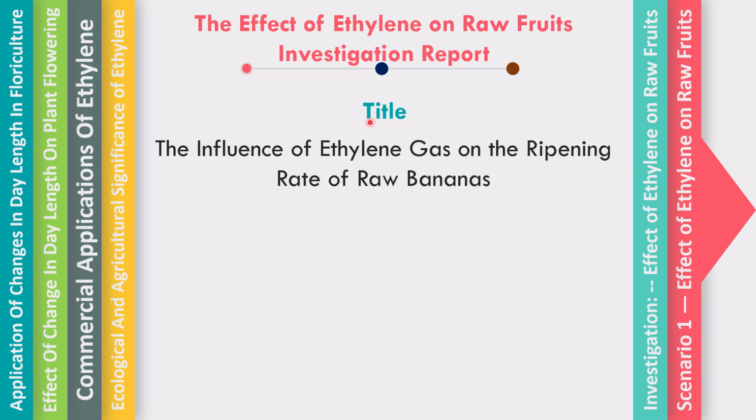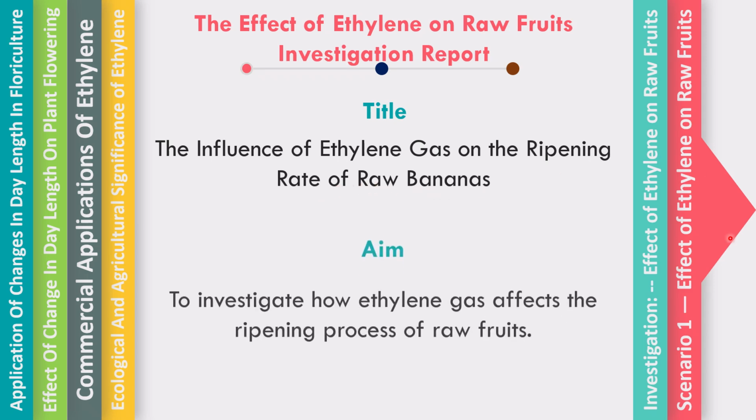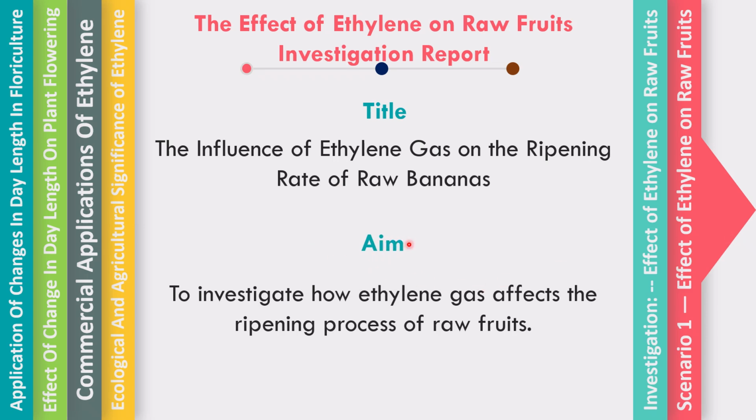Our title: the influence of ethylene gas on the ripening rate of raw bananas. The aim of the experiment: to investigate how ethylene gas affects the ripening process of raw fruits.